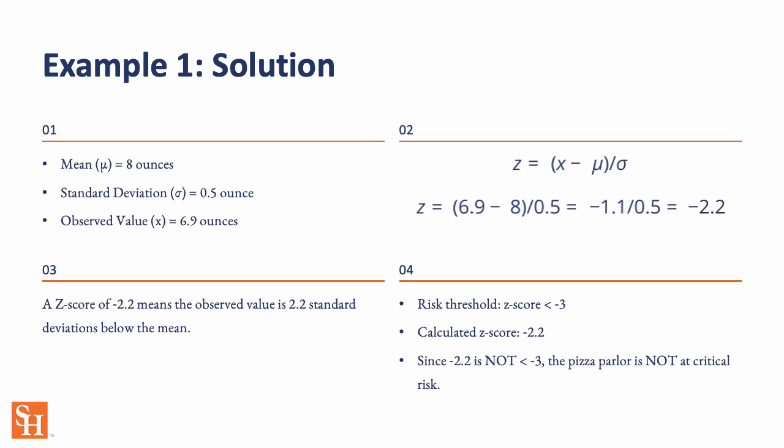It cannot be said for certain that they are not maintaining the standard. For a certain pizza it might happen that the amount of cheese they are using is 2.2 standard deviations below, but since it is within the 3 standard deviation range, it cannot be said that they are not maintaining the standard for making the pizza, right?